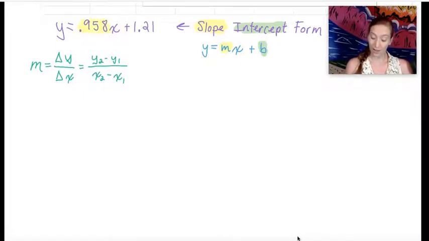So for us, our slope is 0.958 over 1. We don't have anything else there to tell us what's going on. Whenever you have a decimal number, we're going to make it a fraction by putting it over 1.